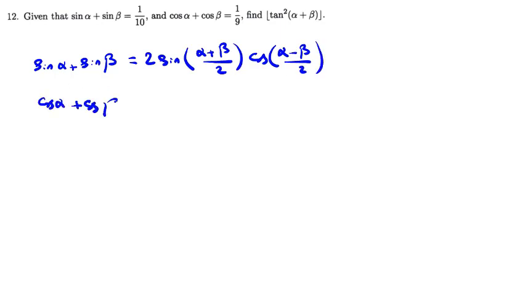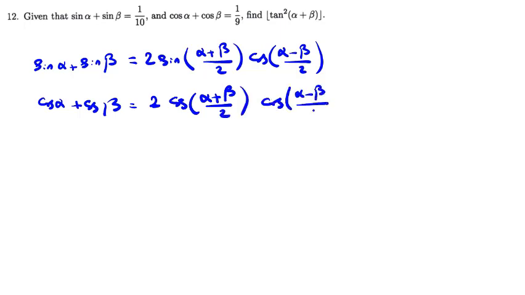Cos alpha plus cos beta equals 2 cos (alpha plus beta over 2) cos (alpha minus beta over 2). We know the sine sum is 1 over 10, and it is 1 over 9 because the cos plus cos is 1 over 9.